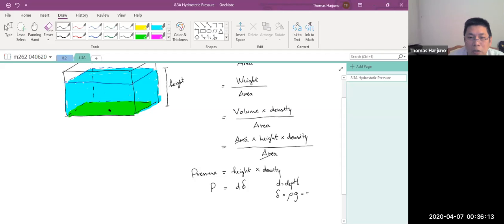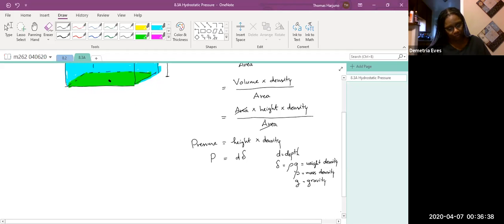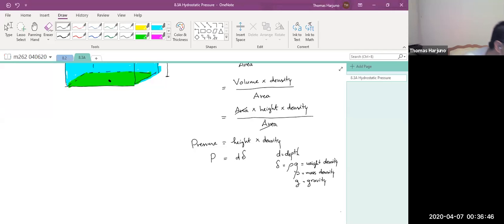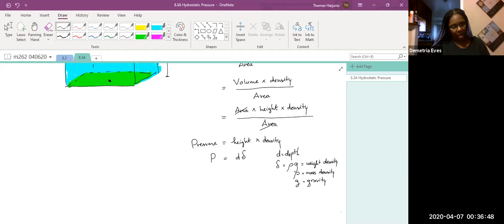The delta is weight density. The rho is mass density. And g is the gravity.